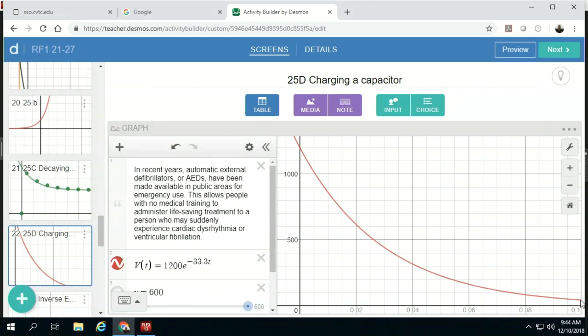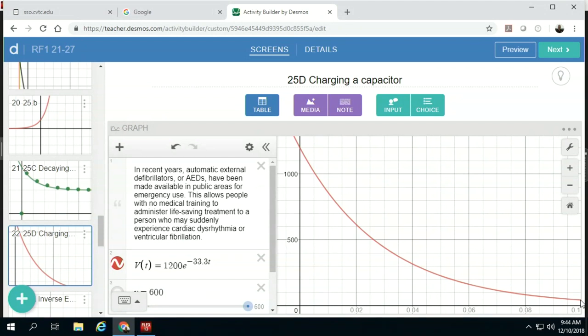How long did it take until it had reached its half-life? Well, what would its half value be? 1200 down to 600, right? How long did it take until it got to 600? 0.02.